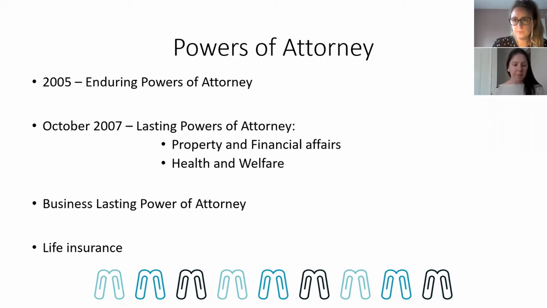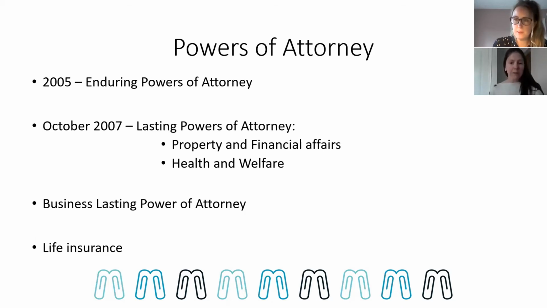The theory behind both powers of attorney is that you're making an advanced decision and appointing somebody to act on your behalf if you're unable to do so. The major difference is that a property and financial affairs power of attorney can be used at any time if you give authority, whereas the health and welfare can only be used once you lose capacity.